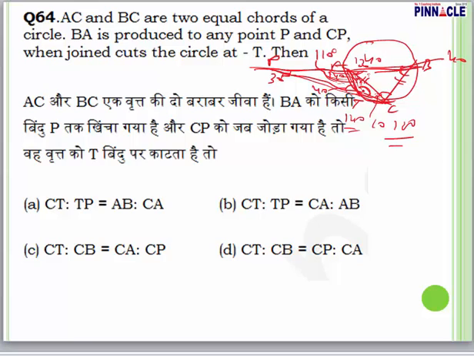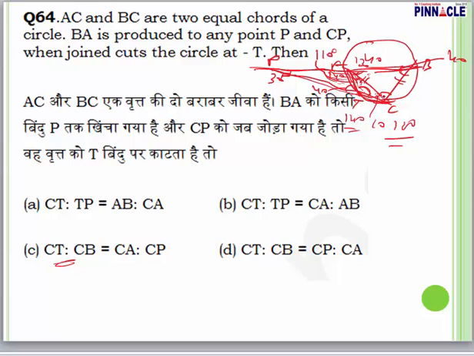So 30, 10, 140, 140, 30 and 10. These two triangles are similar triangles. After that, now see from the options. Let's see option C, CT divided by CB, and then CA.